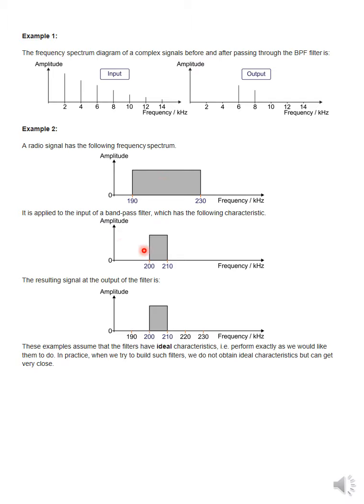You multiply the amplitudes, and you multiply the signals directly in terms of the range they are defined. This starts from 200, this starts from 210. In this range, this will be the output. Remember, if the amplitude here is 2 and the amplitude here is, let's say, 3, the amplitude of the output will be 6, depending upon the amplitudes here.